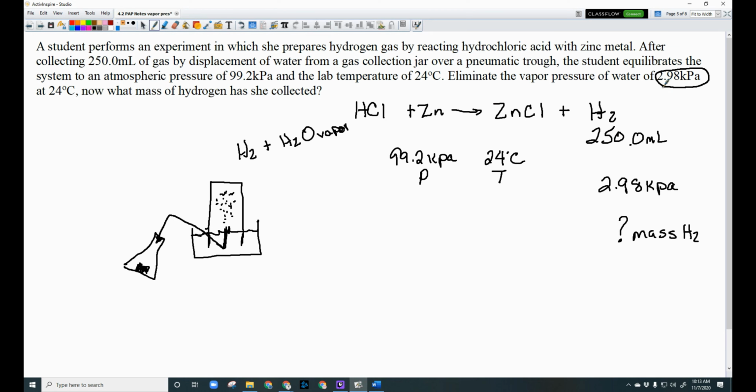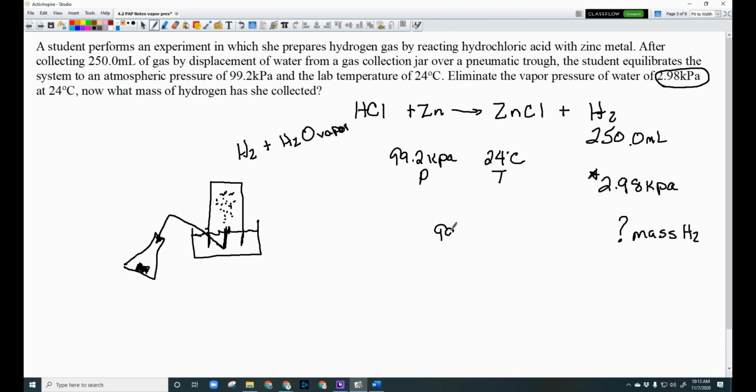And we're going to do a lab where we do this. What we're going to have to do is eliminate this water vapor pressure from the total pressure. They said here that she equilibrates it to 99.2.